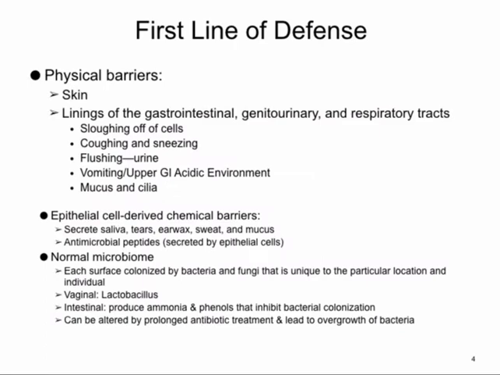So that first line of defense is really those barriers that are in place, like your skin, the lining of your GI tract, your genitourinary tract, your respiratory tract, just basic things, sloughing of cells, coughing and sneezing. And remember when we talked about changes in the respiratory tract, like hyperplasia or dysplasia. This is an example of how you would lose that first line of defense.